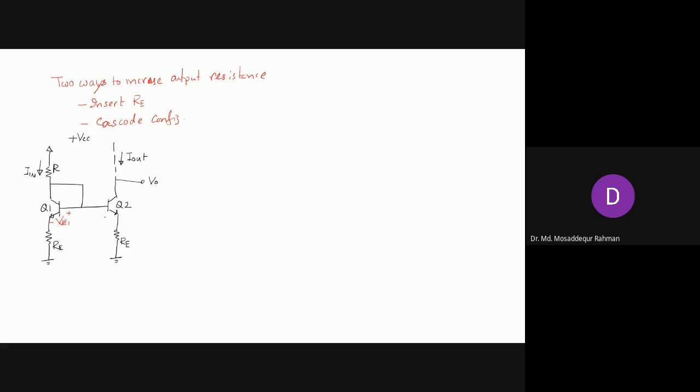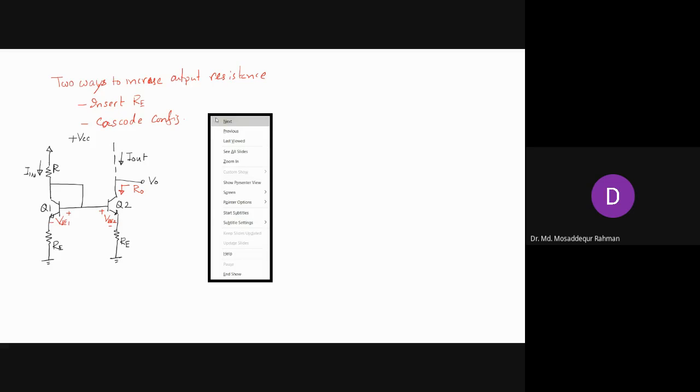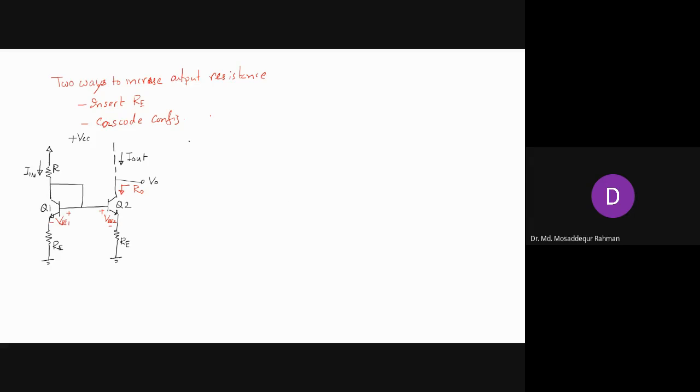So now when you insert the emitter resistance, what is the output resistance?